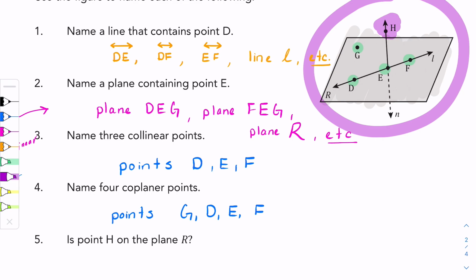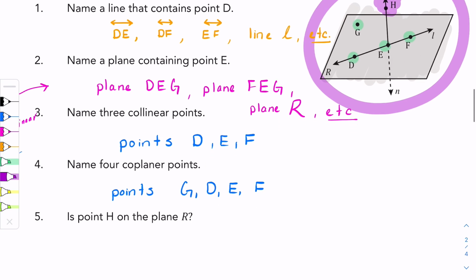The piece of paper has points G, D, E, and F labeled. The pencil is sticking straight through the paper, and imagine that point H was the eraser cap on your pencil. So that eraser cap is not on the piece of paper. So that's one way to visualize where point H is.